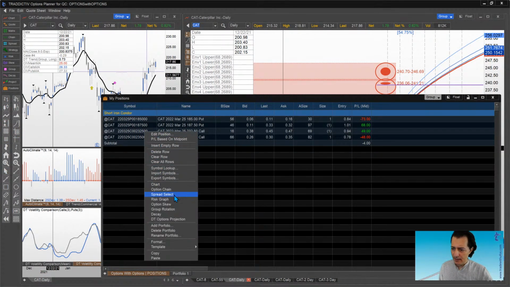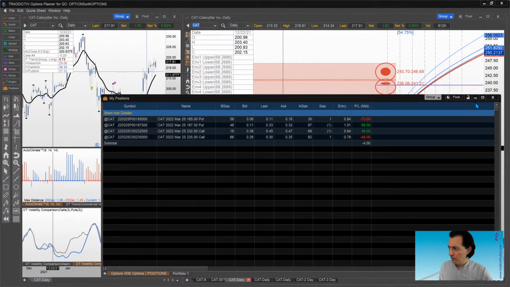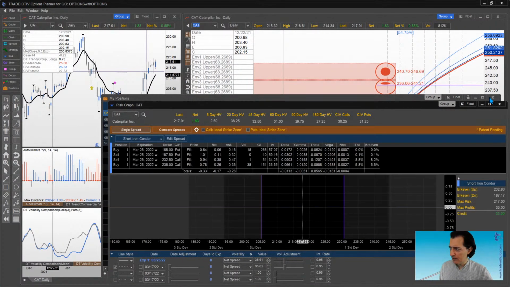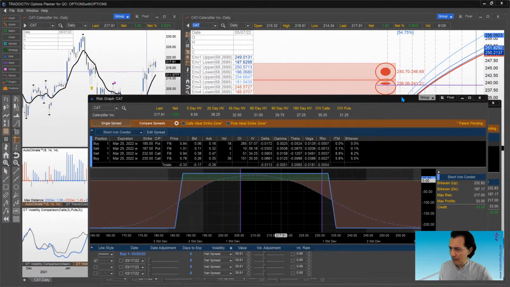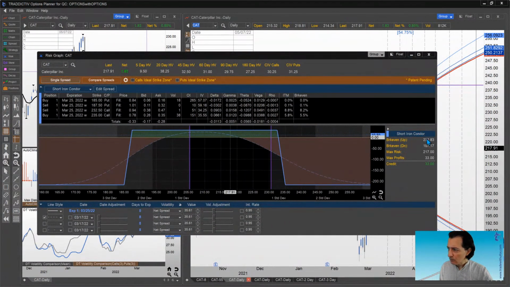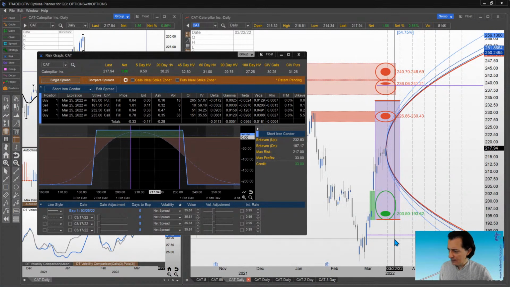If I right click and look at the risk graph, so if I graph this trade, I can explore my break-evens. Break-even above is 232, break-even below is 187. So 187 is below the purple line, and the one above is 232, which is more or less here.